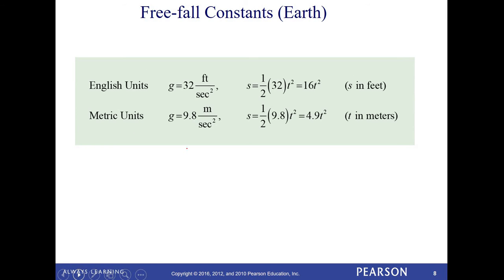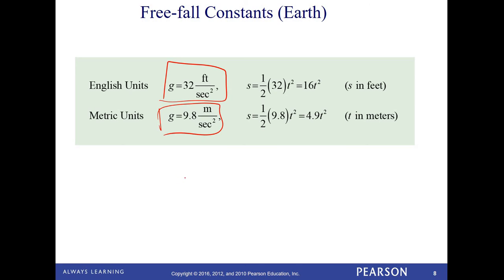Now, free fall constants, these are ones that you should know. When we talk about feet or meters, both of those are values that you should be familiar with. So what we're talking about here is that the g value is the acceleration due to gravity.